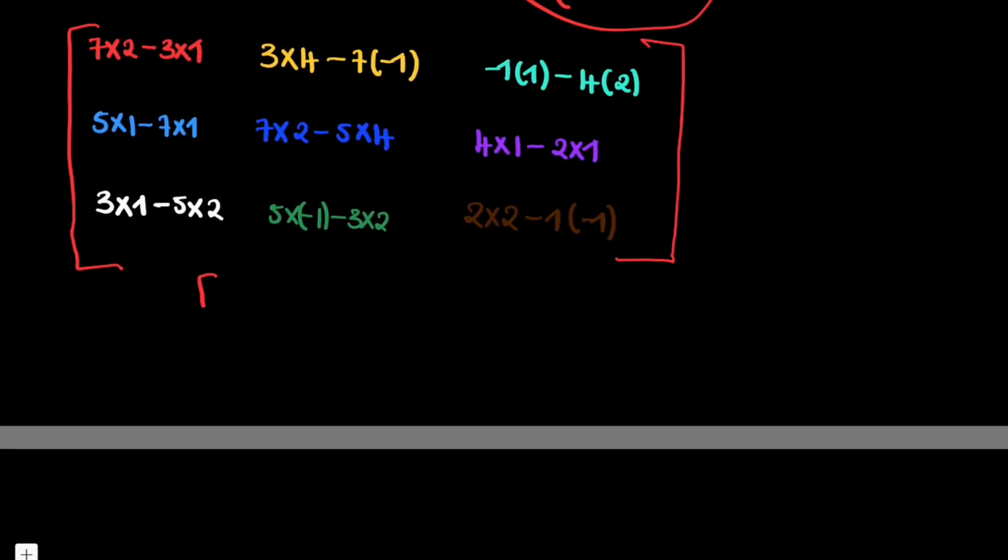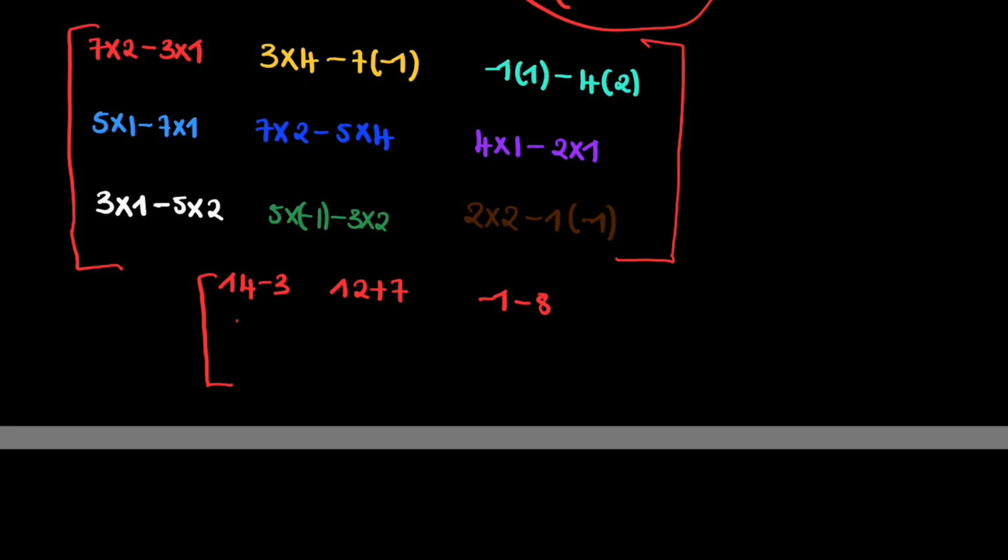So now let us simplify them. Let's simplify. Now we have 7 times 2, that is 14 minus 3 for the first case, 12 plus 7, minus 1 minus 8.